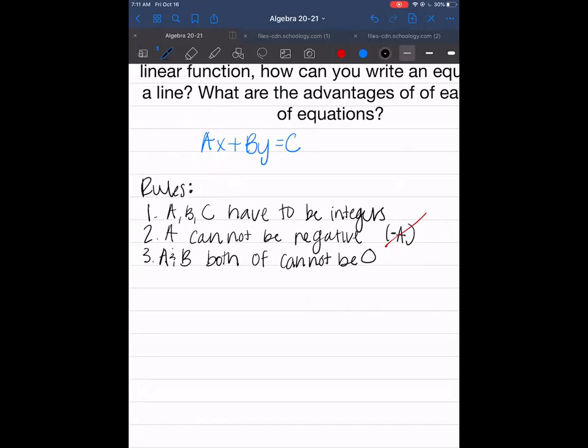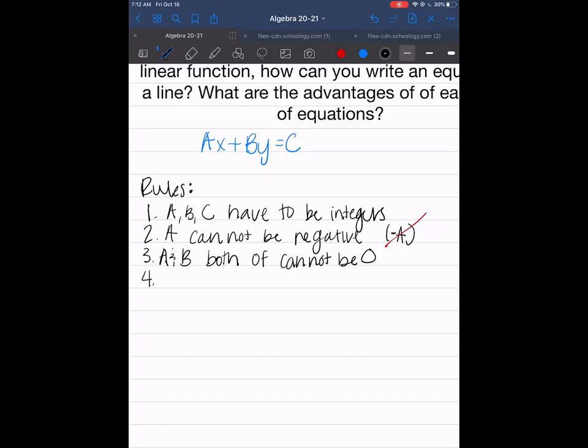So we could have where a is 0 and b is a different integer and c is a different integer, but a and b cannot both be 0, because then we would have 0 times x, which is 0, plus 0 times y, which would be 0, equals a different integer, which would be a false statement. I'll explain that in a little bit, when we talk about non-examples.